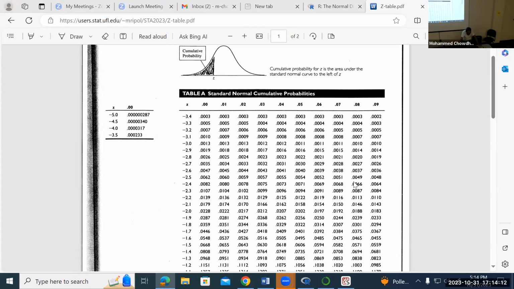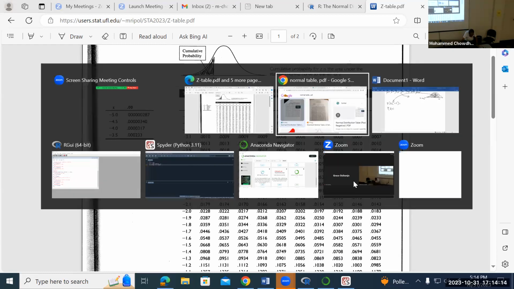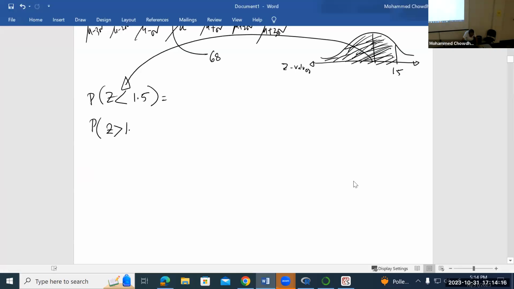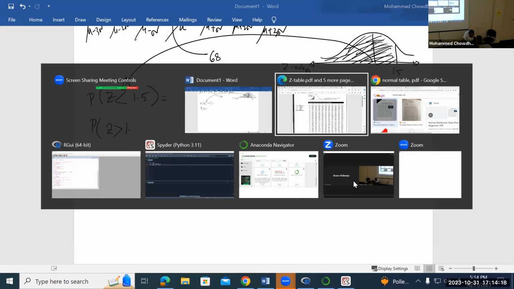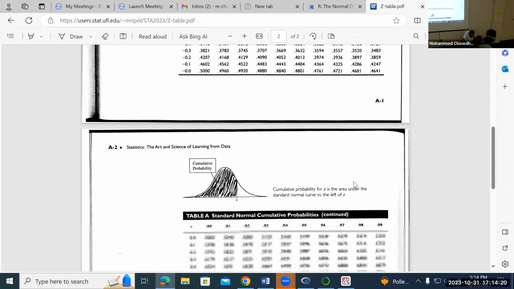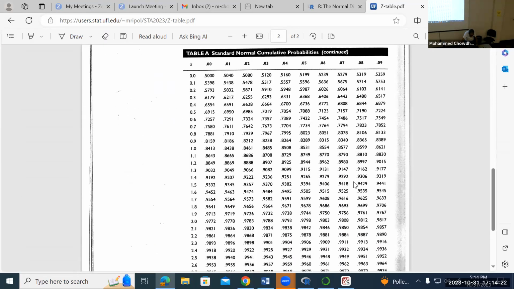Okay, so my question is less than 1.5. Take a look at that, less than 1.5. So this is the table. Are you seeing 1.5? I say Z less than 1.5. I want to find the area under that bell-shaped curve and to the left, because less than. So the answer is 0.9332. Okay.